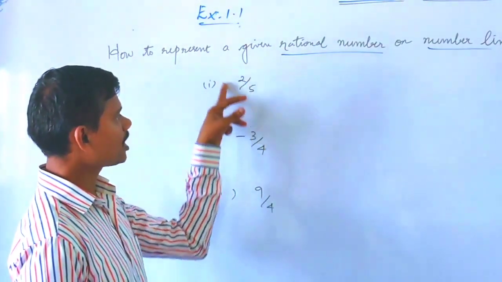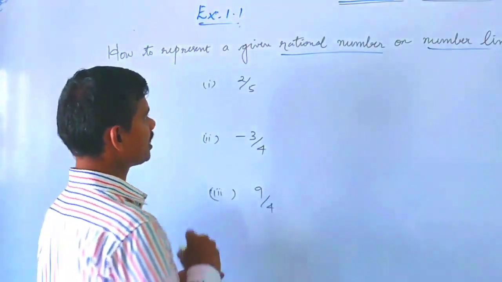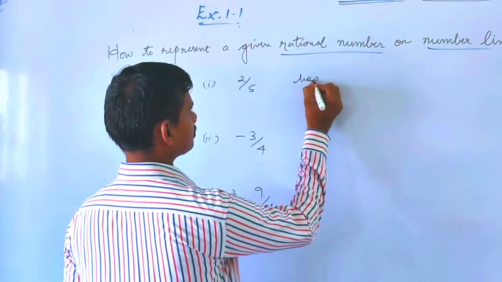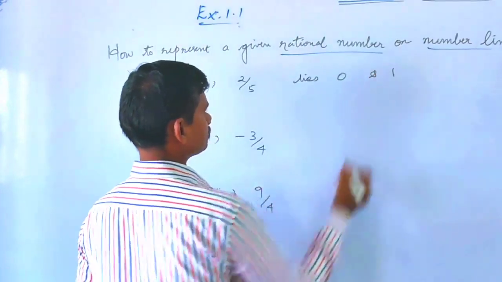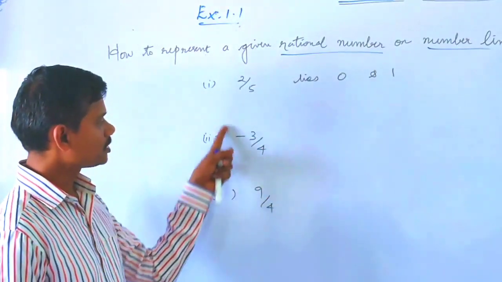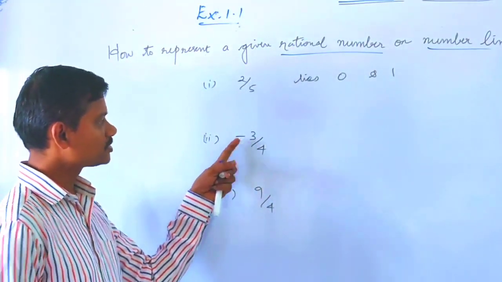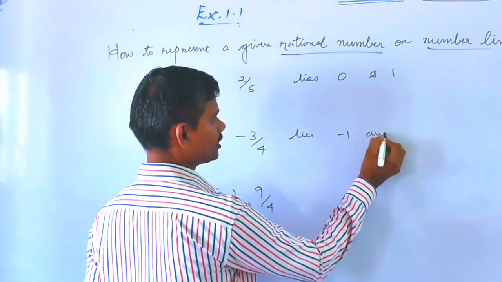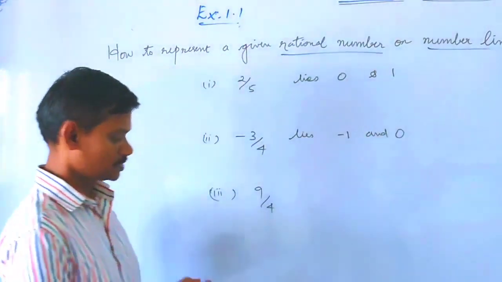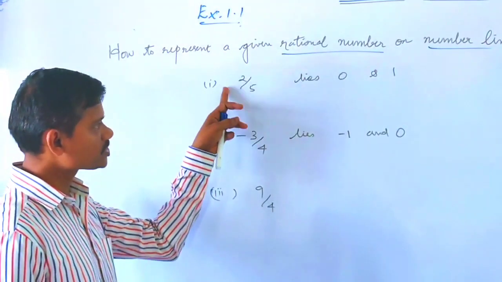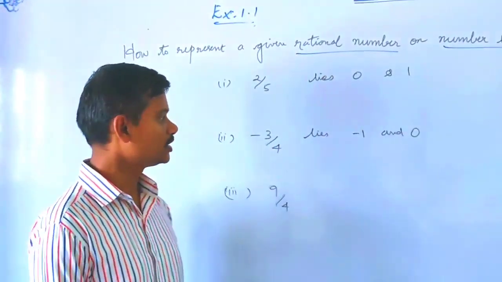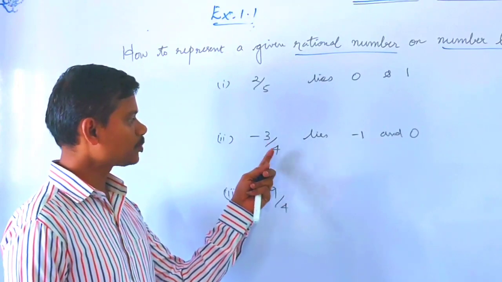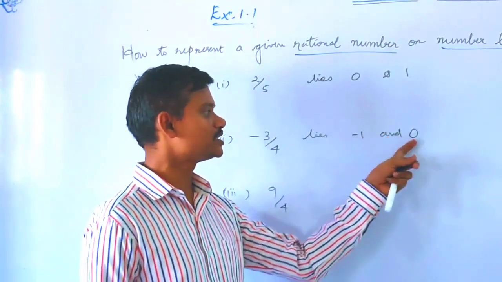Any proper fraction lies between 0 and 1. Here it is proper but it is minus, so this always lies between minus 1 and 0. Whether it is proper and positive, it lies between 0 and 1. Whether it is negative and proper, it lies between minus 1 and 0.